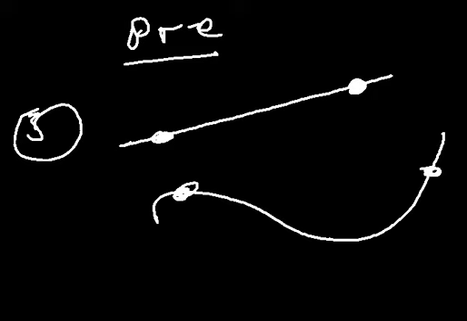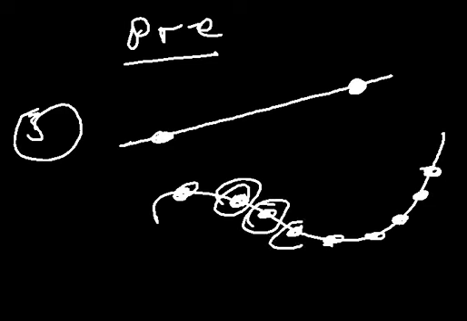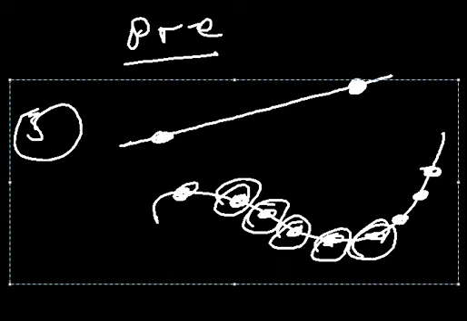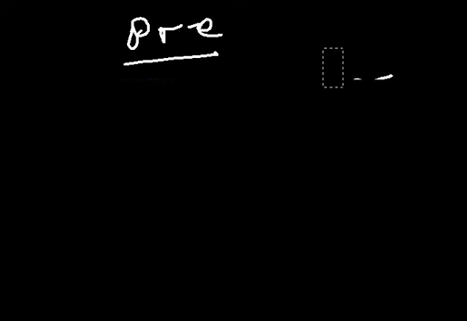The gradient at this point is different from the gradient at this point, and also different from the gradient at this point, and this point, and this point as well. All these points have their own gradients. So you cannot determine those gradients using pre-calculus mathematics. There is a need to use calculus to find the gradient at a point in a curve.